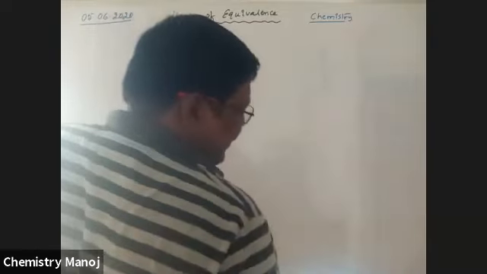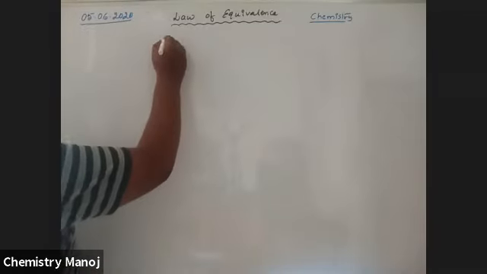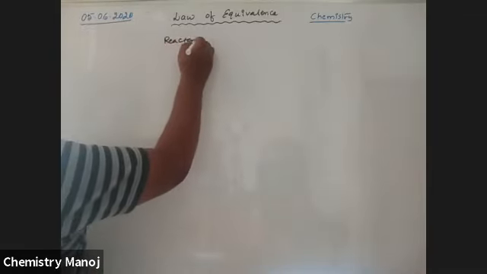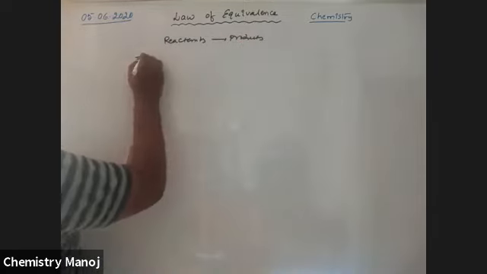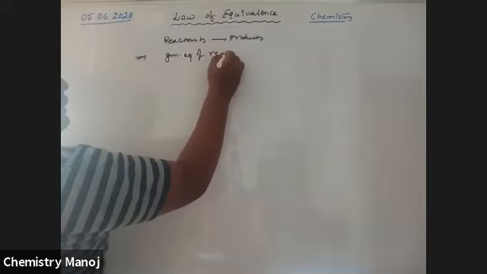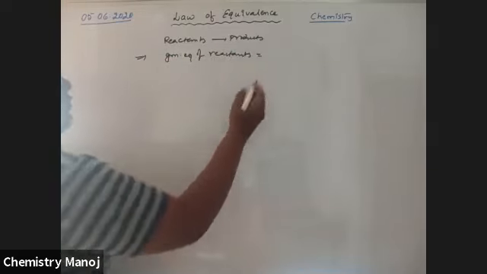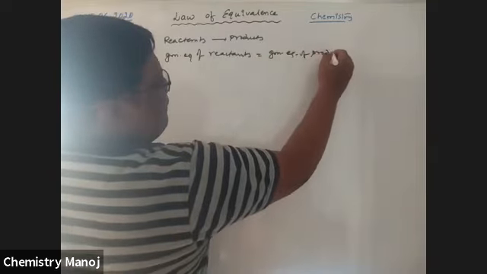So for this balancing factor, there are three formulae. Reactants give products, which means gram equivalence of reactants is equal to gram equivalence of products.